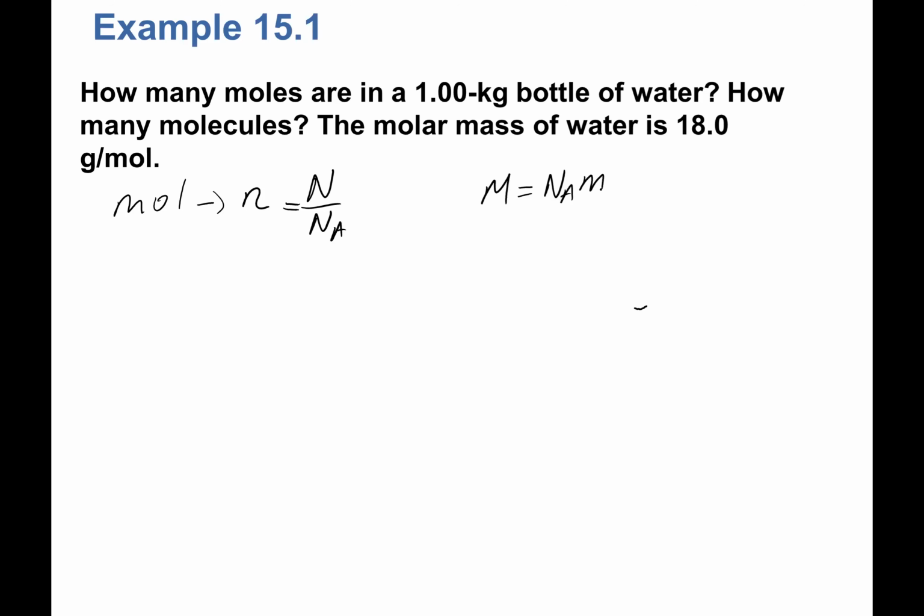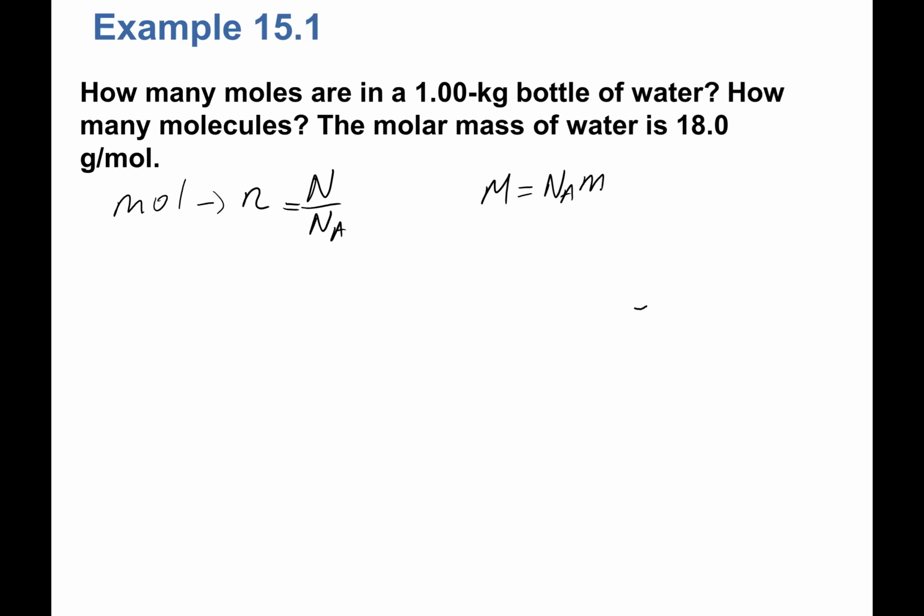Because when we talk about number of moles, this represents exactly this many particles, so they are equivalent to one another. So you have two equations, one in terms of the ratio of molecules, and one in terms of the ratio of the mass and the molar mass.